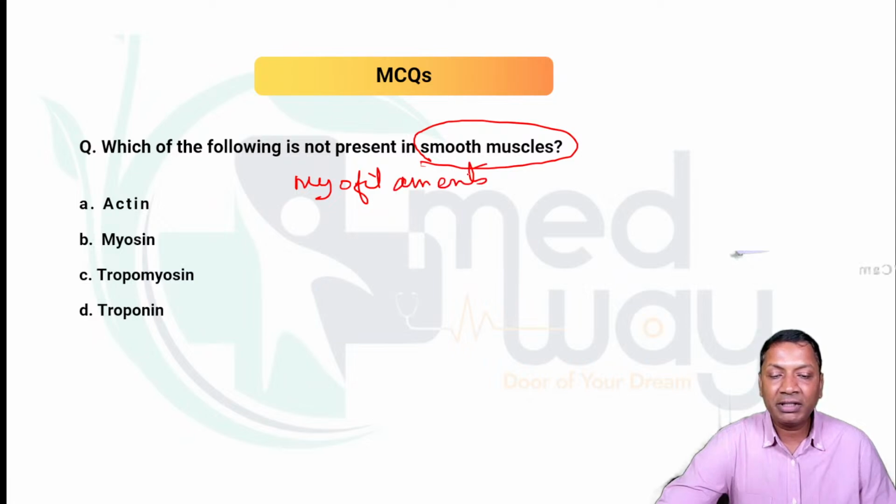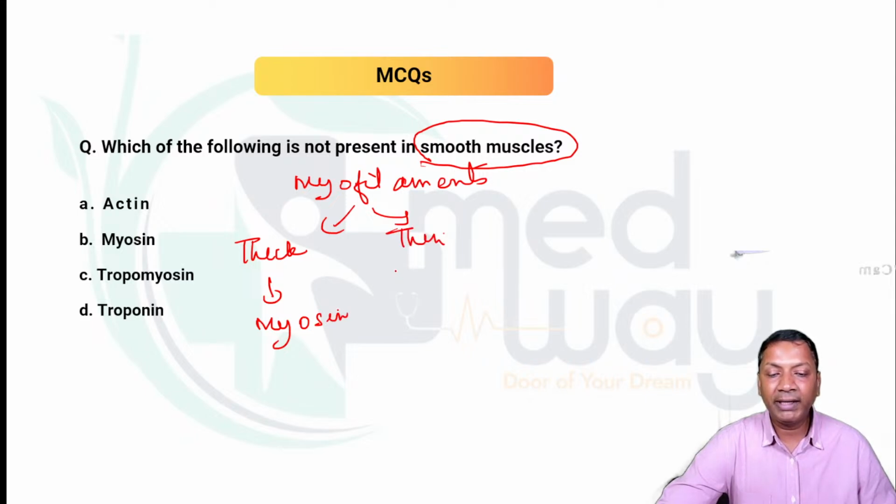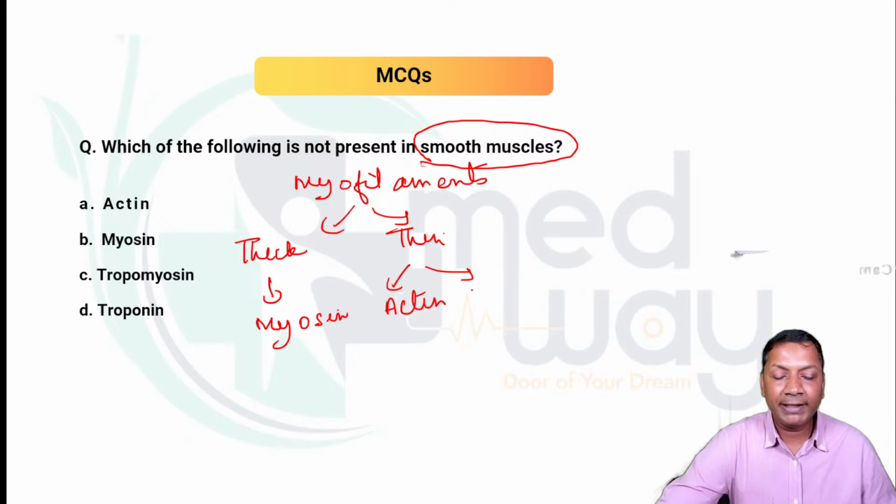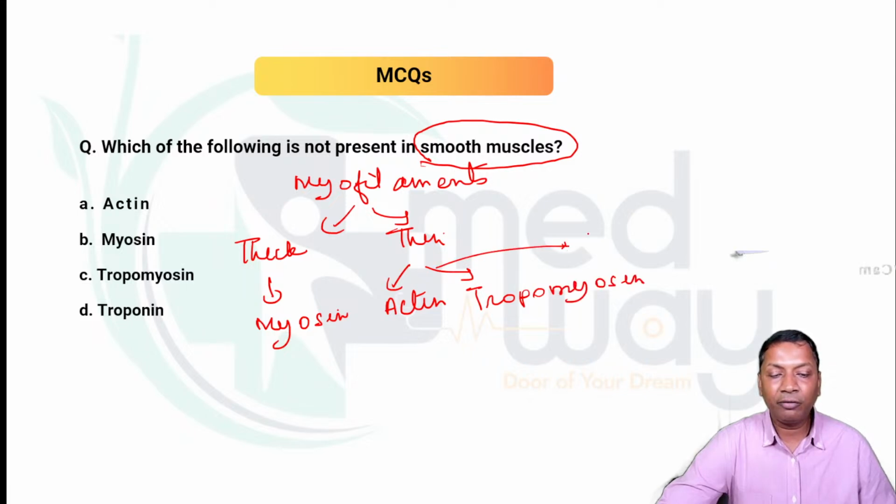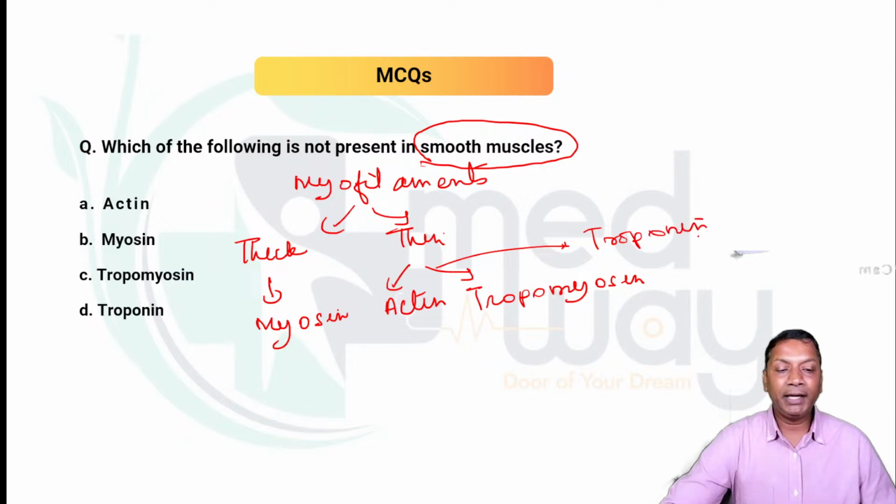The myofilaments are of two types: the thick myofilament is myosin, and the thin is actin. Then the other one is tropomyosin, and the third one is troponin. Troponin is of three types: troponin T, troponin C, and troponin I.